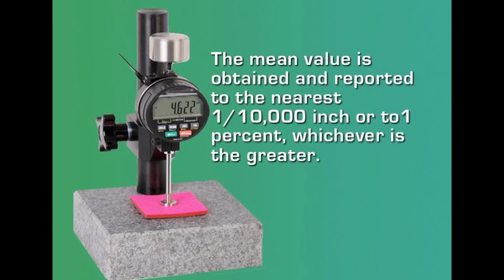At least 10 determinations should be made either at different places in the piece or on different samples. The mean value is obtained and reported to the nearest 1/10,000th inch or to 1%, whichever is the greater. In the test report, details of the pressure, size of pressure foot and the time should also be mentioned.